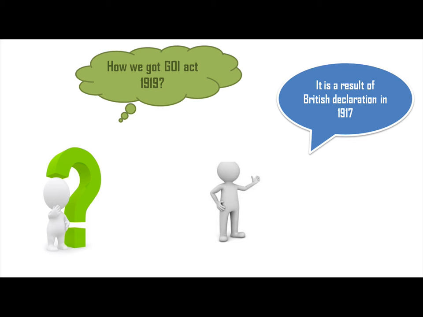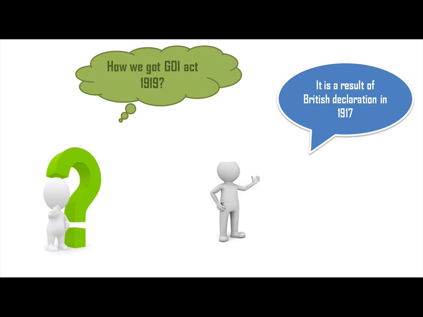The first point in the declaration is that the association of Indians has to be increased, so that the smooth and proper running of the administration in India will be continued.